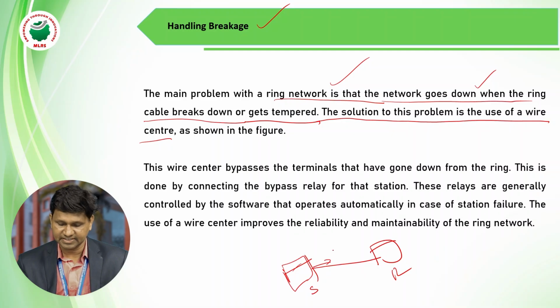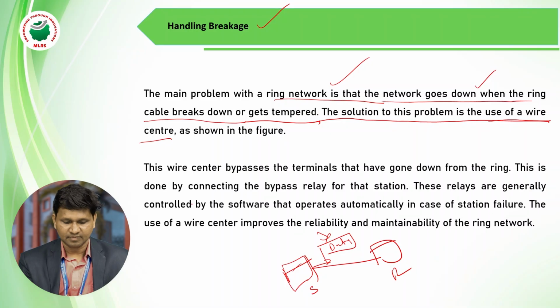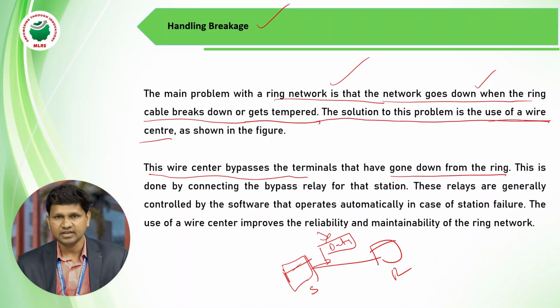While transmitting data in the form of frames, sometimes the network may go down or the data may be tampered with. In that case, we use a wire center, which bypasses the terminals that have gone down from the ring. This is done by connecting the bypass relay for that station.